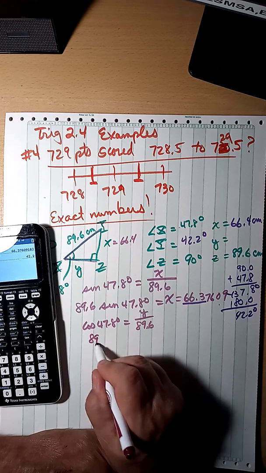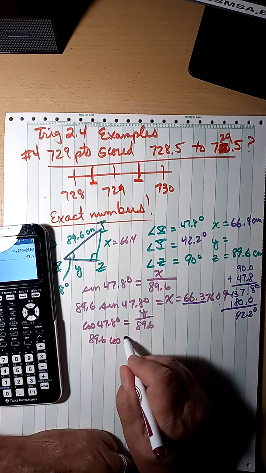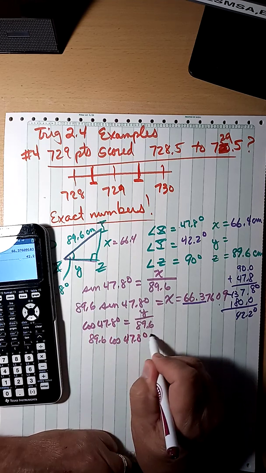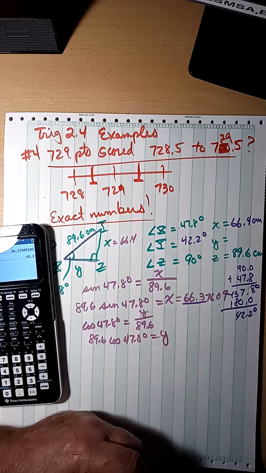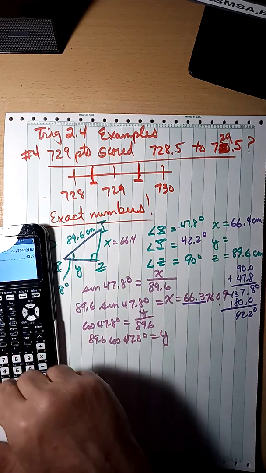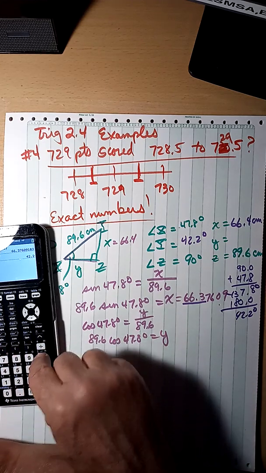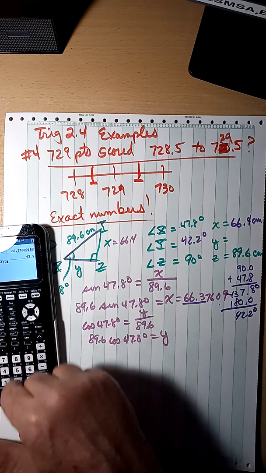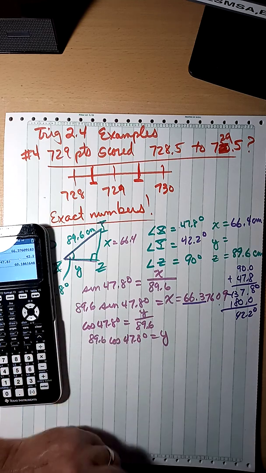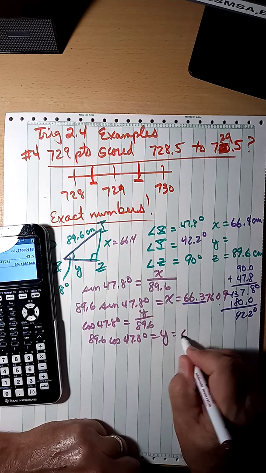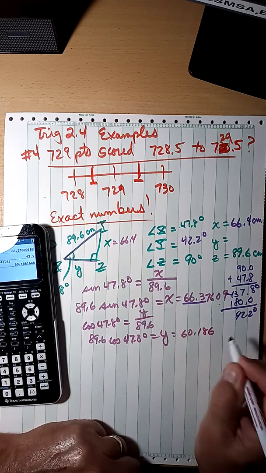So 89.6 times the cosine of 47.8 is what y is. So I get 60.186.